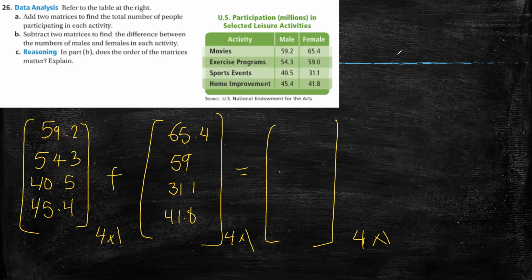Now, let's add 59.2 plus 65.4, which is 124.6. 59 plus 54.3, which is 113.3. 31.1 plus 40.5, which is 71.6, and 45.4 plus 41.8 is 87.2. So just adding each two corresponding elements.